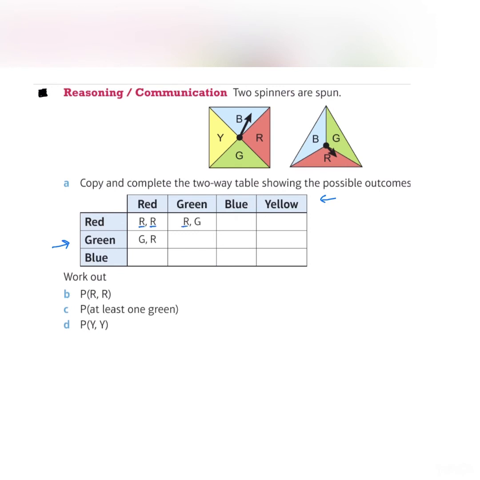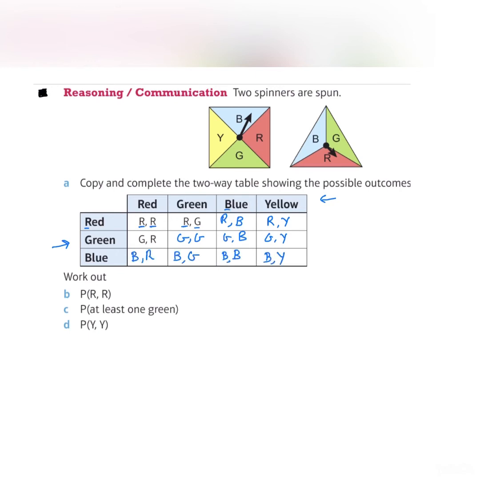We could have red on the first one, and green on the next one. Next we can fill in red and blue, and then red and yellow. And we've got green and red, green and green, green and blue, and green and yellow. So complete this, and then come back and check your answer, please.